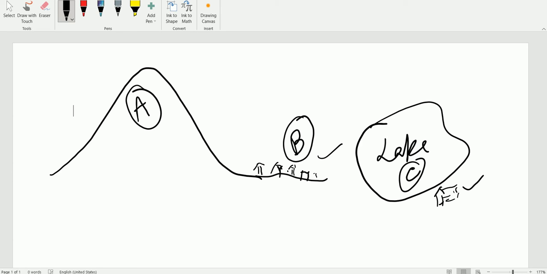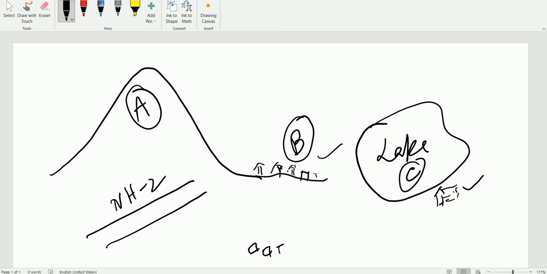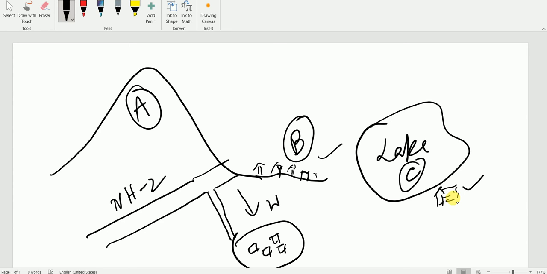Or sometimes we may give the reference to a man-made feature. For example, this is the national highway, and let us say this is national highway number 2, and your village is here. For example, a road is coming to your village, and let us say we are going to the west, and the distance between your village and the highway number 2 is, for example, 2 kilometers.